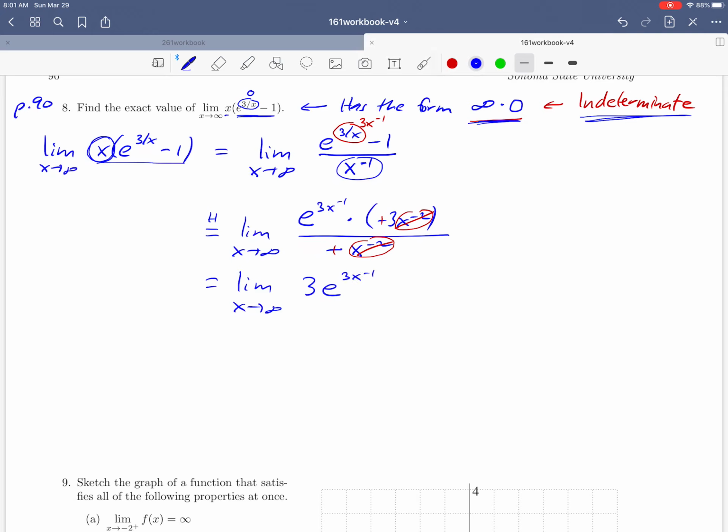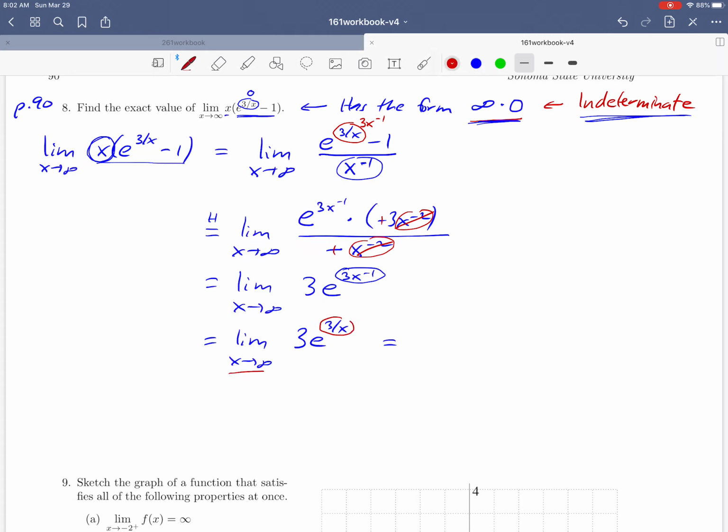So if we rewrite that, what's left over is just a 3 and an e to the 3x to the negative 1. Now that we're done taking derivatives, I'm going to rewrite that negative exponent as a positive again. 3e to the 3x to the negative 1 is really 3e to the 3 over x.